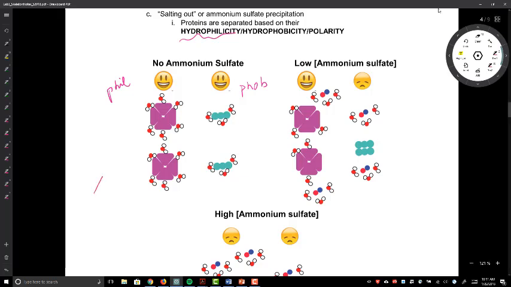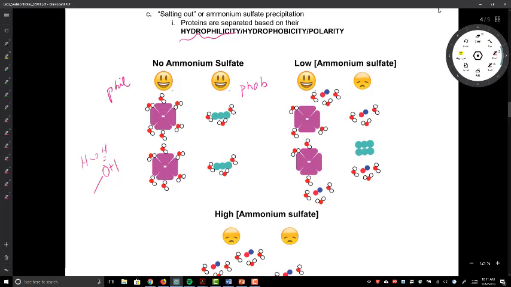So again, if we have a serine, you can see how the water molecules could be hydrogen bonding and having polar interactions with those groups. Okay, so everyone's happy when we don't have any ammonium sulfate. However, when we start adding ammonium sulfate, things start to act a little fishy.